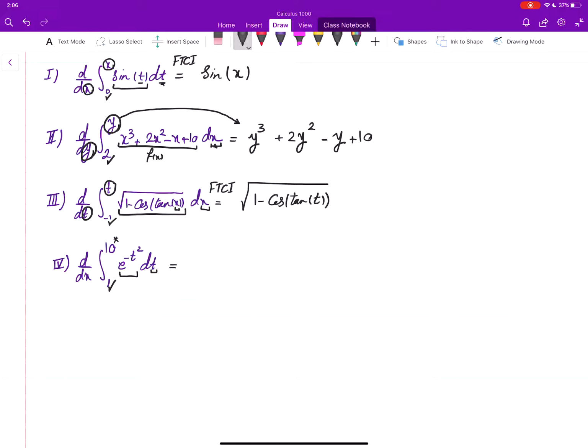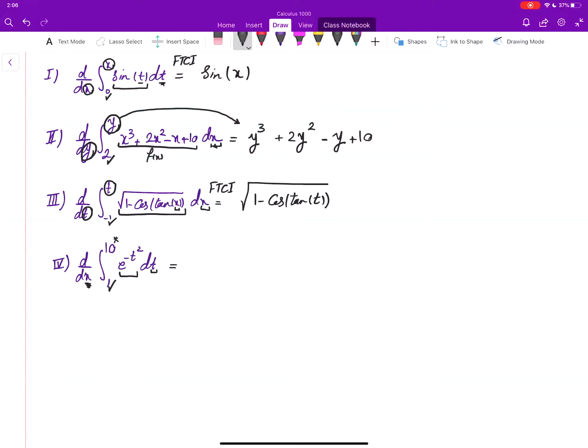In the fundamental theorem of calculus, the upper limit is always a variable, and we're differentiating with respect to that. You see, we are still differentiating with respect to x, but there's no x in the upper limit of this integral. So this is definitely not the fundamental theorem of calculus, because there's something wrong with it. I cannot use the fundamental theorem of calculus for this one.